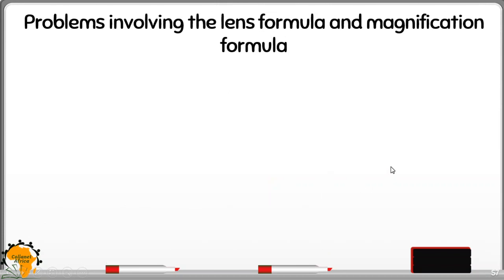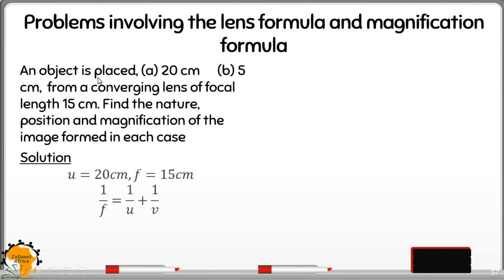Then we move to another question. An object is placed A 20 centimeter and B 5 centimeter from a converging lens of focal length 15 centimeter. Find the nature, position, and magnification of the image formed in each case.